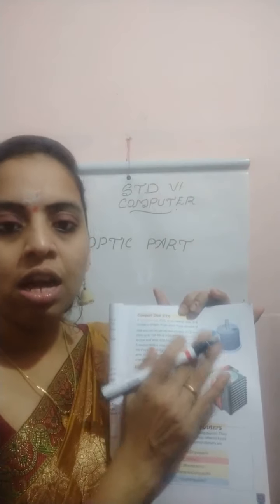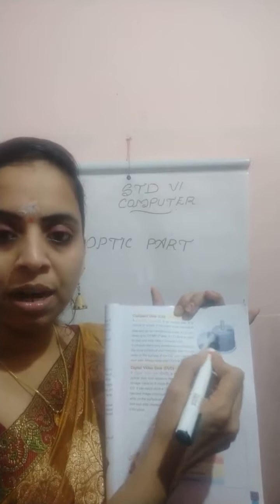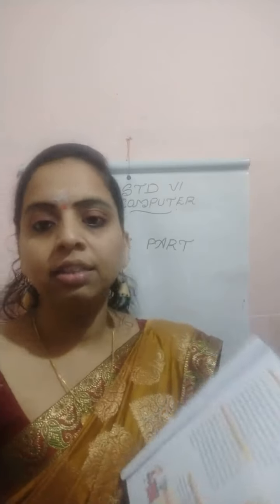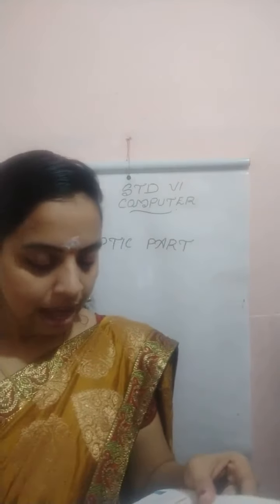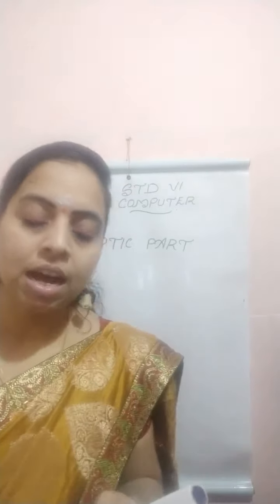If we touch or write anything on this part, all the data stored in it will get lost. Okay, and this compact disk can store 700 MB of data. That means its storage capacity is very high compared to a floppy disk. Okay, so that is CD.